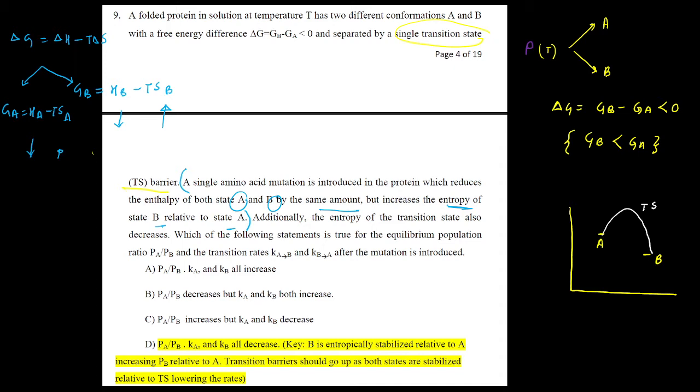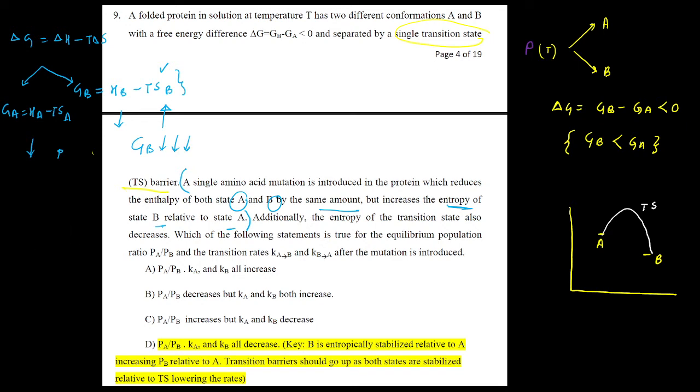What I can understand from this information is, if entropy is increased, that means the negative part is increasing, and HB, the enthalpy, is also decreasing, that is, it is getting more negative, and this part is also getting more negative. That means the Gibbs free energy of B is further decreasing, right? What about A?